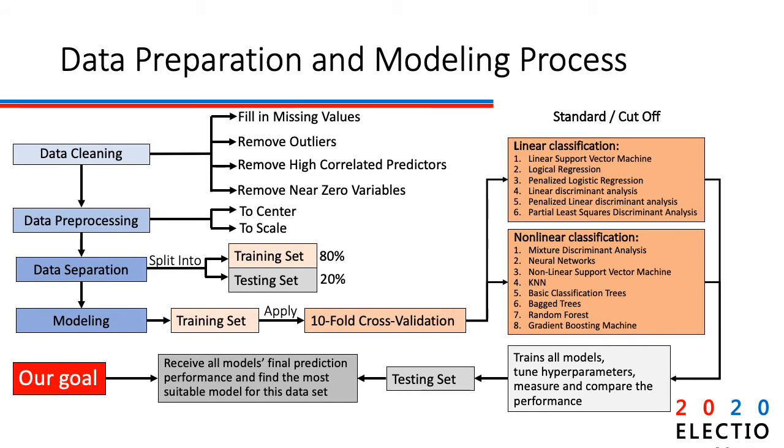We also used cutoff method to find the optimal cutoff point for each model. After training all models and tuning their hyperparameters, we applied this trained model to the testing set to understand all models' final prediction performance.